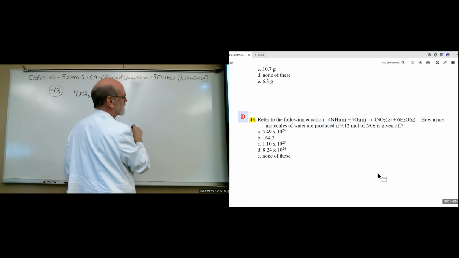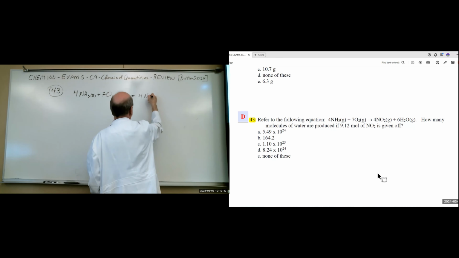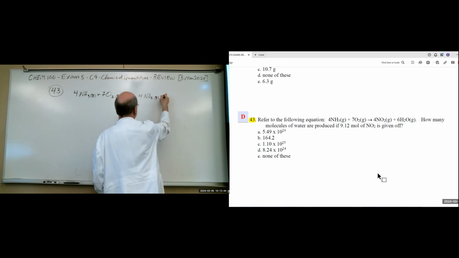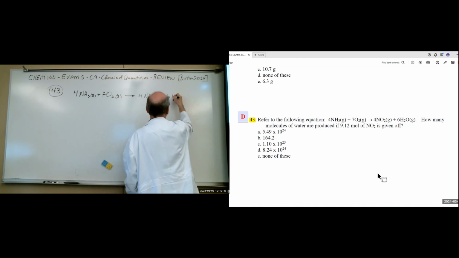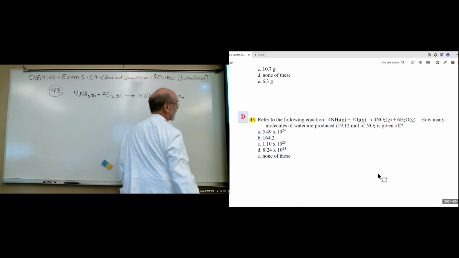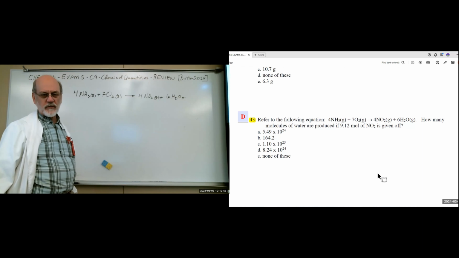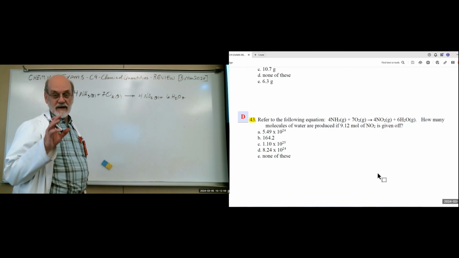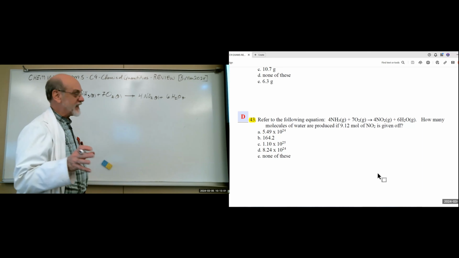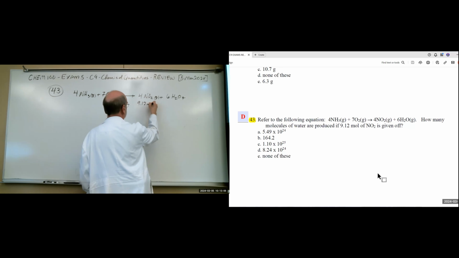And that's 7 yields 4 NO2 gas plus 6 water gas. Okay. There's our balanced equation. How many molecules of water are produced from 9.12 moles of NO2? If 9.12 moles of NO2 gas are given off, 9.12 moles.